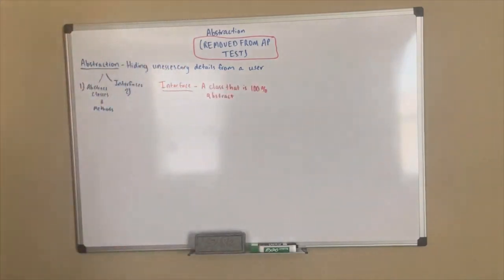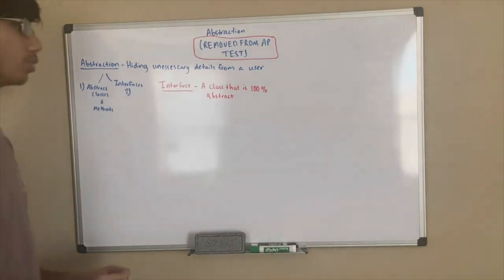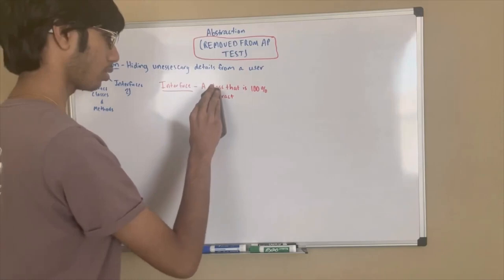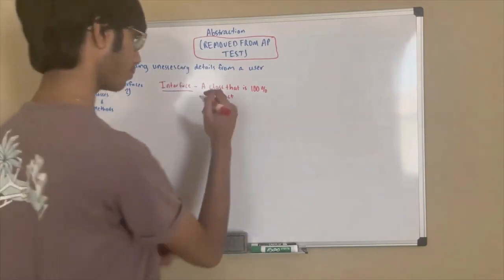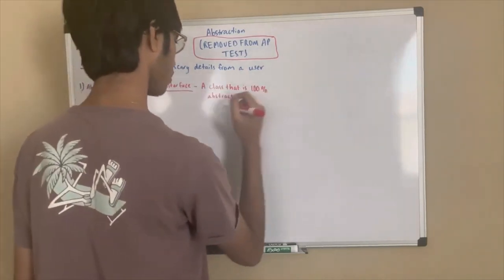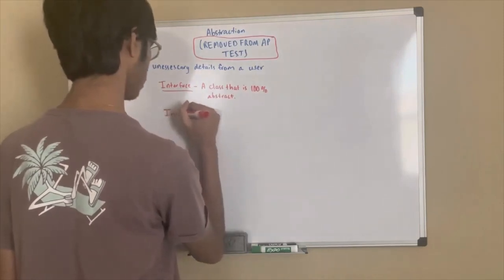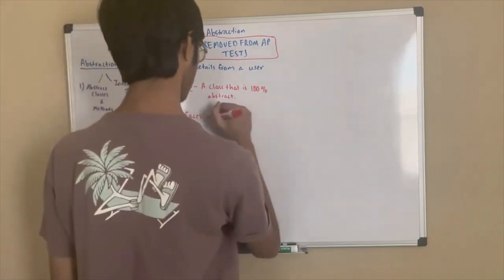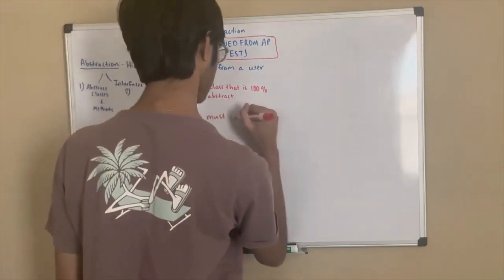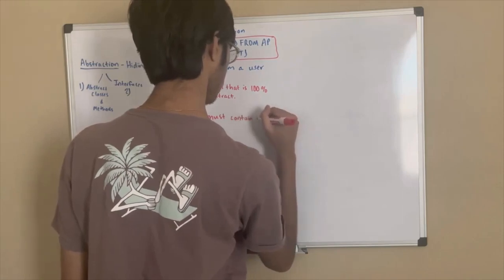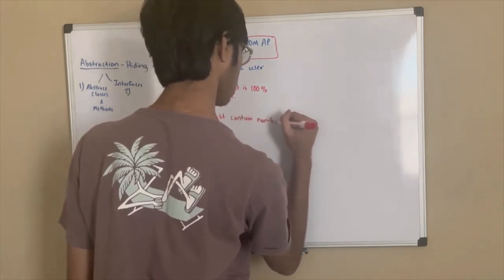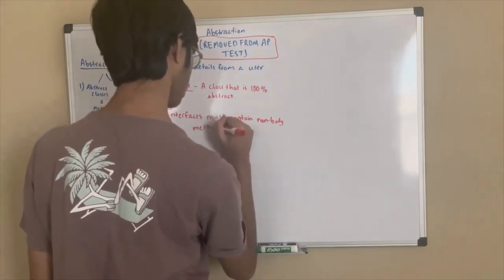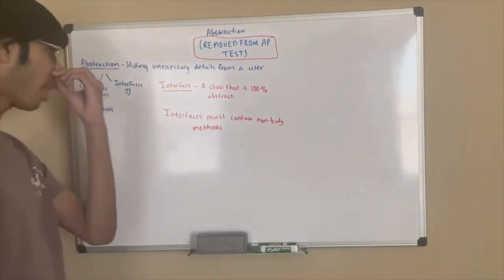A class that is 100% completely abstract. That is what an interface is. Interfaces must contain non-body methods.